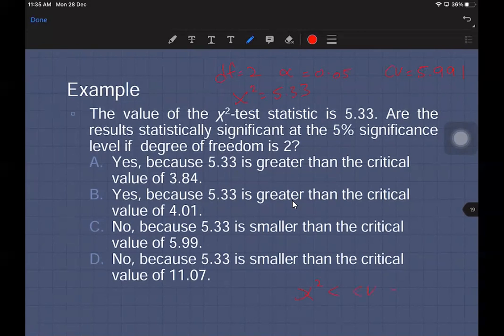So our decision is do not reject H null, which means we favor that variable 1 has no relationship with variable 2.